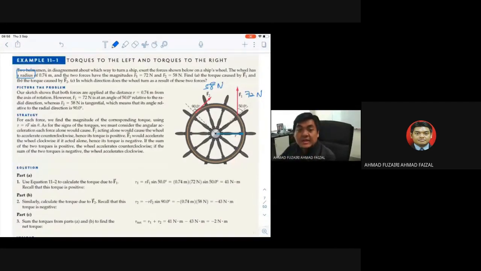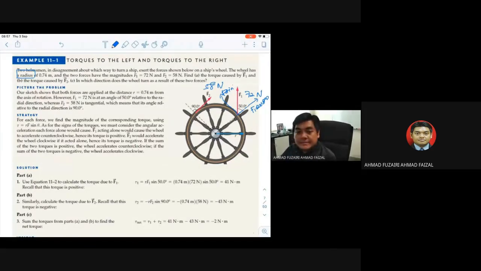So again, when you see the theta, especially not 90 degrees, and you know that the theta is in between the directions of distance or radius. In this way, you will learn that this one is F cos 50, and this one is F sine 50.